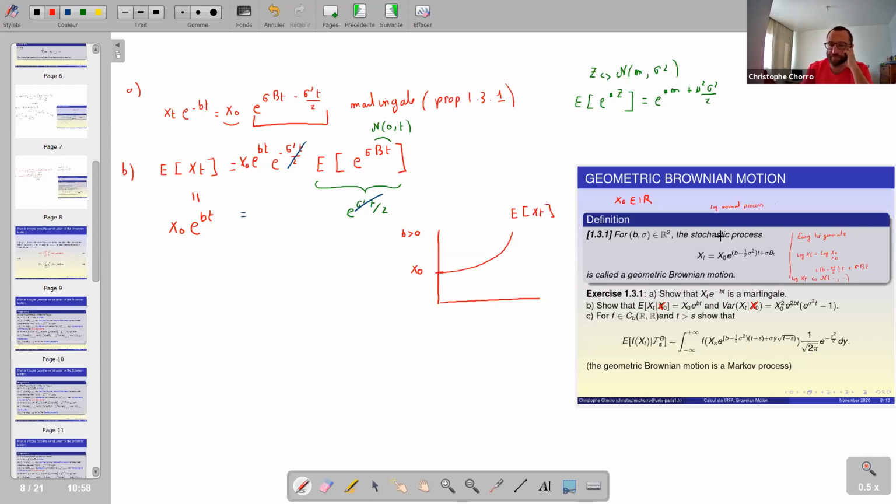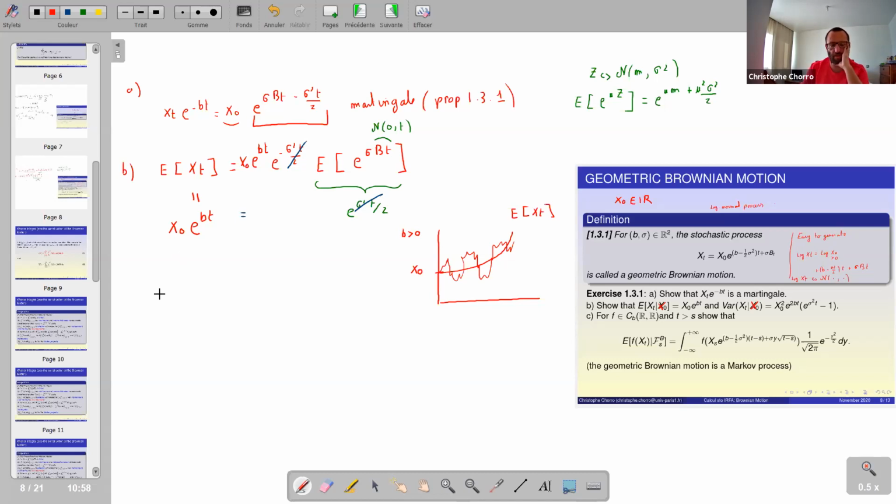It means that X_t will be random around its expectation, with the randomness driven by the Brownian motion. So I will obtain something like this for X_t, excuse me for the picture. We will have a tendency given by the behavior in expectation, and around it the Brownian fluctuations. You have a plot of this in the lecture notes at page 46.